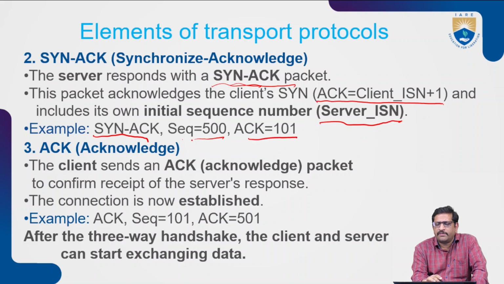Along with this, the synchronization acknowledgement is sent to the sender, which indicates the server is ready to receive the connection and ready to exchange data. So this is the indication for the SYN and acknowledgement.